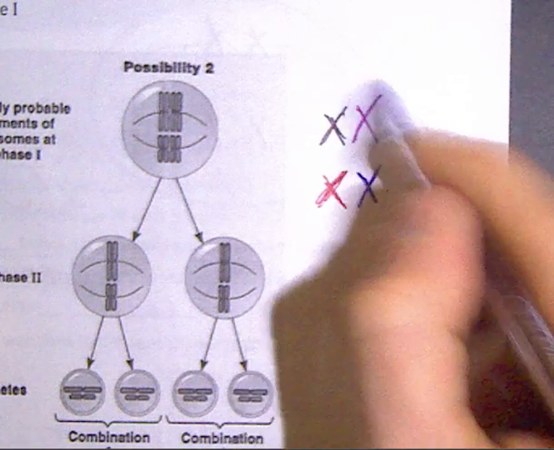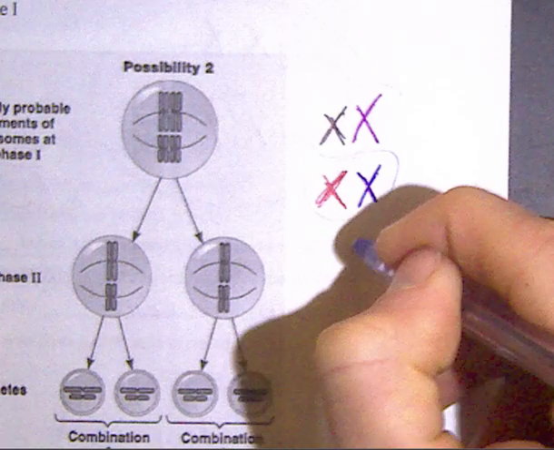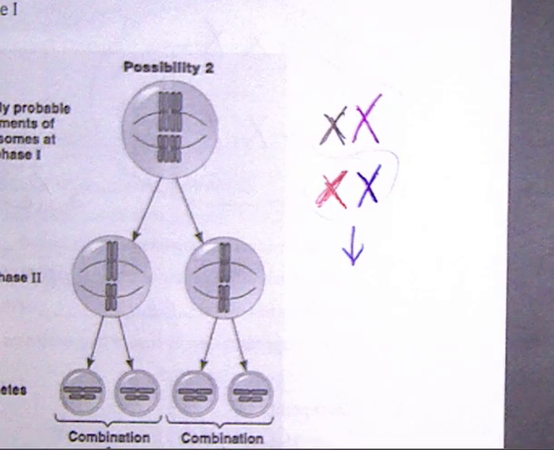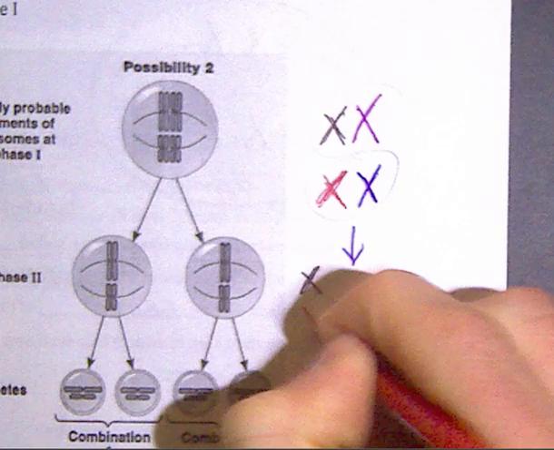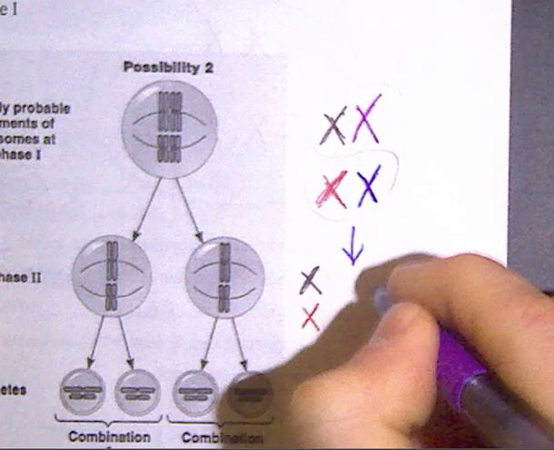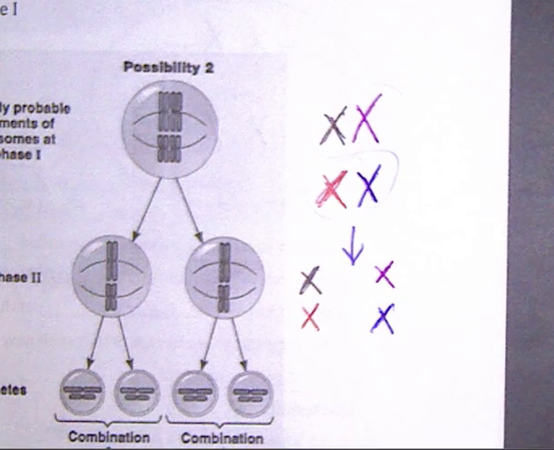Okay? These are homologous chromosomes. When these cells separate, I'm going to end up with a black and a red over here, and a purple and a blue over here.